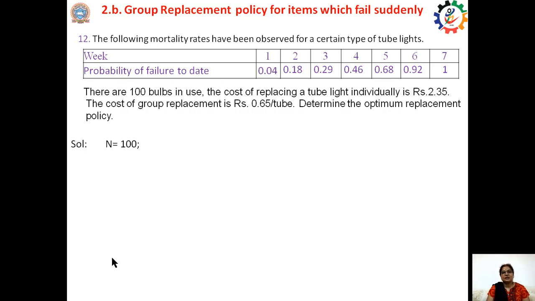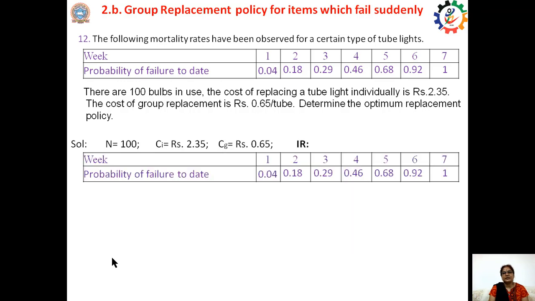So the only difference compared to the previous problem is that the probability is already given, percentage divided by 100, but still cumulative values are given. We are not supposed to use cumulative values directly. The problem needs PI, the probability of occurrence in that particular week only, so we need to separate them out. CI we picked, CG we picked, N we picked, IR is probability, copied from the data, but one more step is needed.